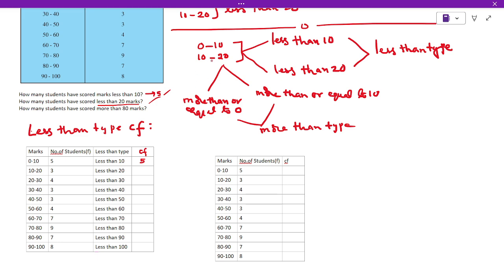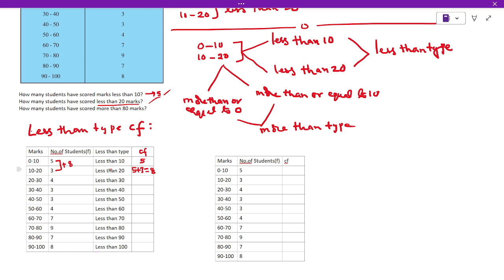As I said, it could be 0 to 10 as well as 10 to 20, so I need to include both of these. So 5 plus 3 is equal to 8. That is the number of students who got less than 20.